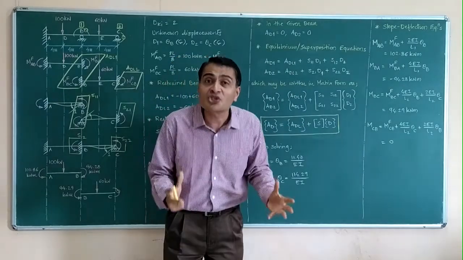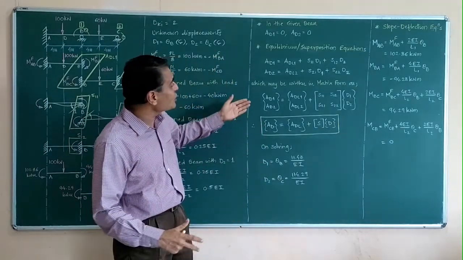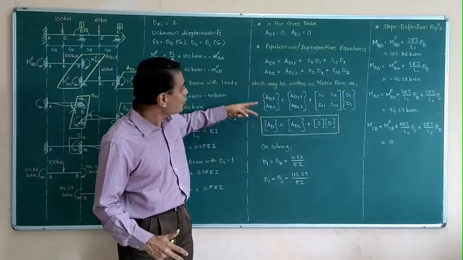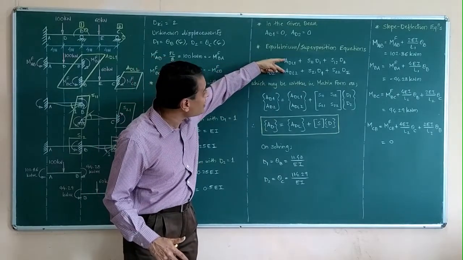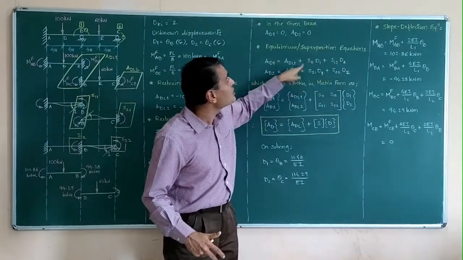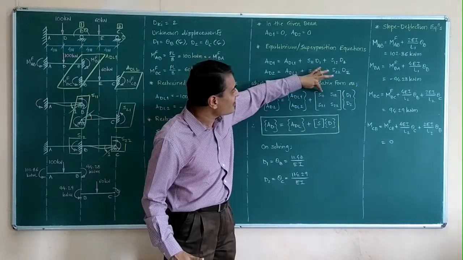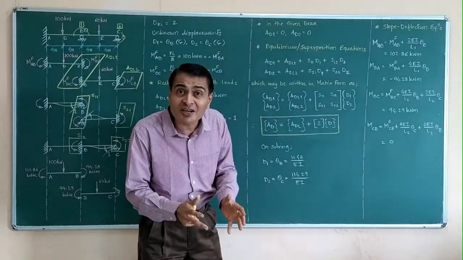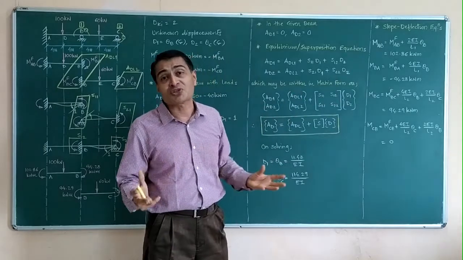I find it most comfortable to express it in a matrix form, and that is what I have written, which may be written in matrix form as, observe this matrix AD1, AD2, this matrix ADL1, ADL2, and this particular sum of products I am able to express as S11, S12, S21, S22 as my stiffness matrix into D1 and D2 as my displacement vectors.